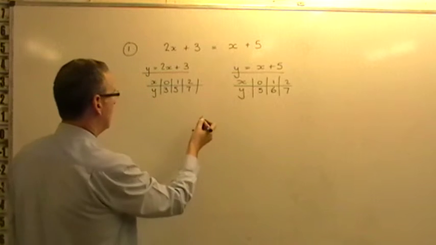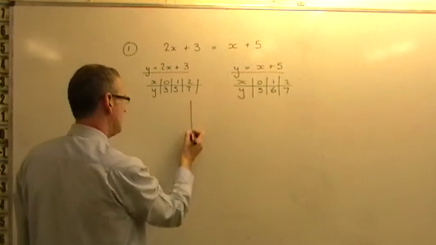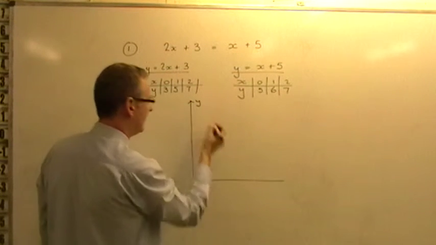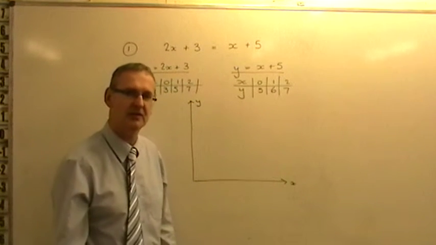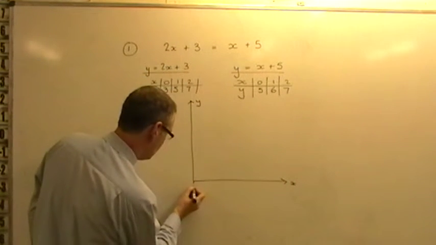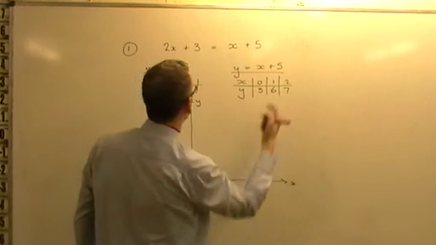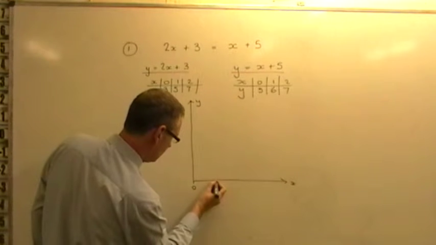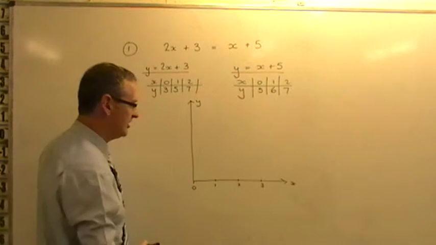I'm going to set up now my axes. You can have a look at this and see that there are no negatives involved in the tables, and I know that I'm not going to need negatives at all in this question, so I'll just set up positive x and y axes. 0, and for the x numbers, I think I will go to 3, spacing them out neatly. 1, 2, 3, like so.